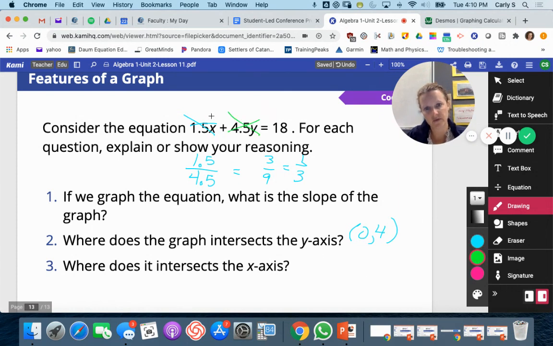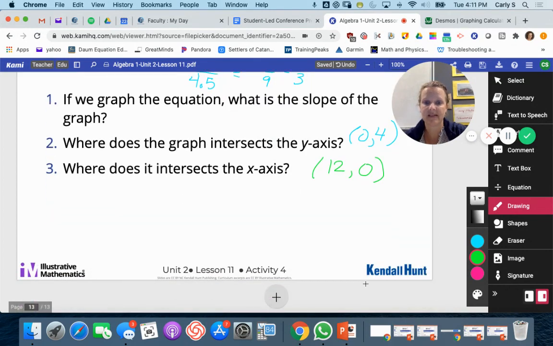Put in 0 for y, and divide both sides by the x coefficient. So that would be 18 divided by 1.5, and I get 12, 0, because 0 was plugged in for y, which is what we need to do when we want the x-axis. And that's it. That's my last slide.